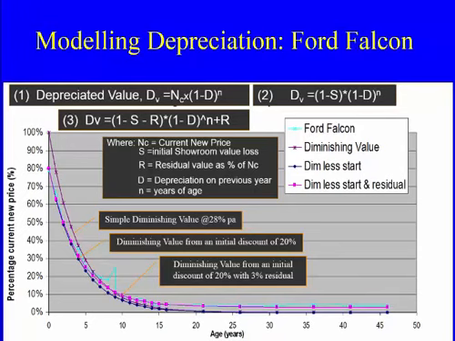Now when we look at the pink trace, we see that our diminishing value curve follows the Ford Falcon quite closely. There are still a couple of lumps and bumps, especially around 8 or 9 years into the car's age. However, these are peculiarities that have to do with the dynamics of the market and the particular vehicle at that time.